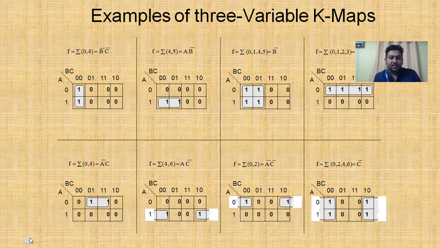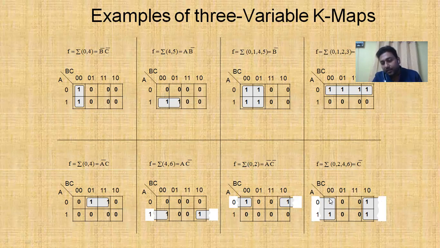This way, take this example. Here we can say these two, the leftmost and rightmost, can form a group of 4 elements. Here A is varying, and consider this one and this one.